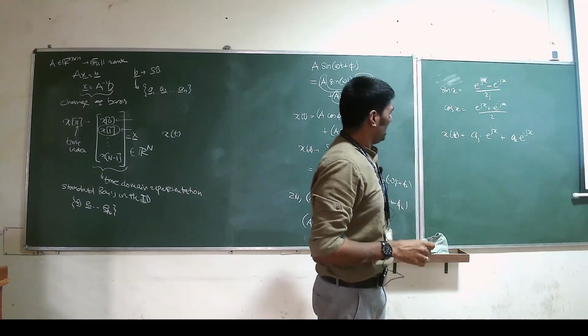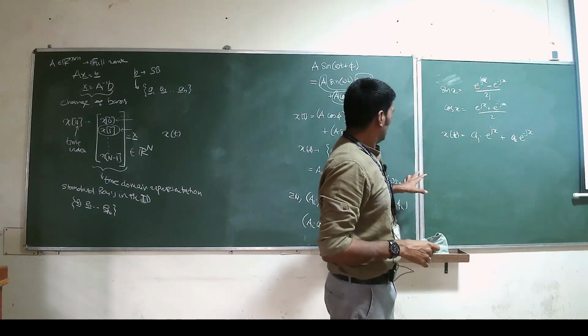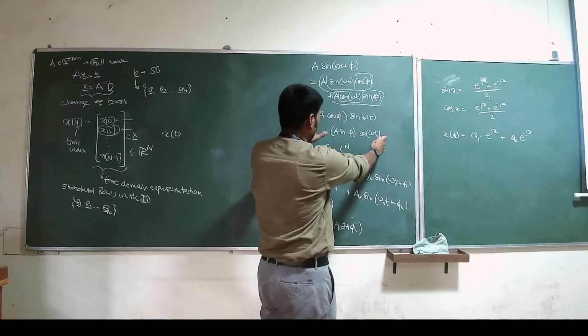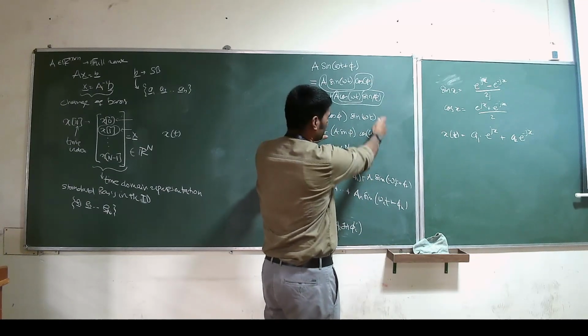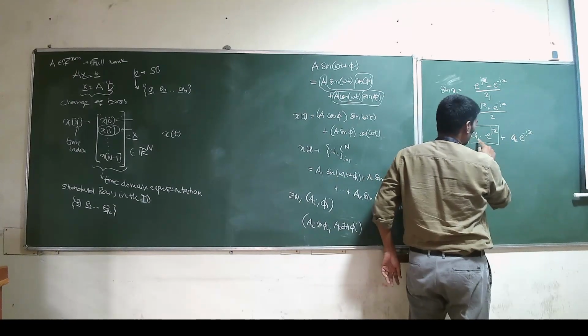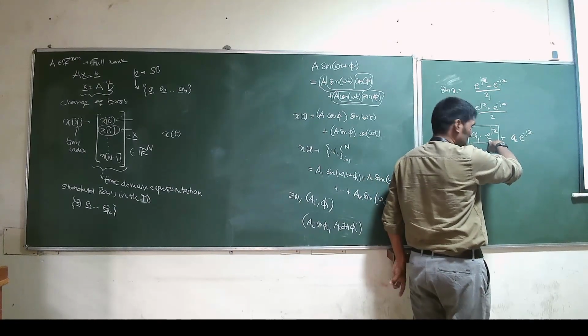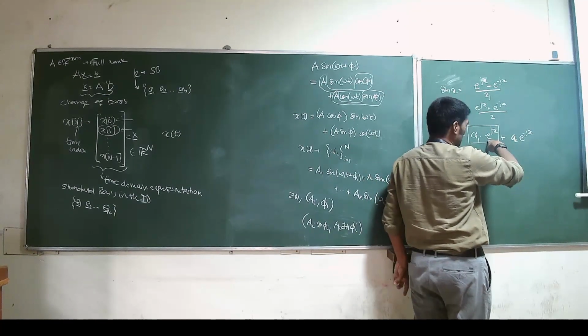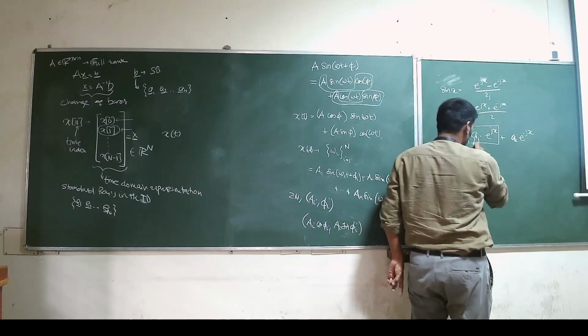So this linear combination of sine and cos can more conveniently be represented as simply a product of a complex number and e power jx.